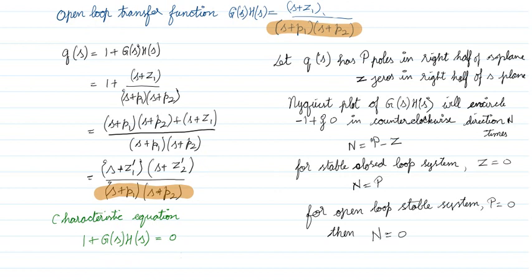So the zeros of Q(s) are the roots of the characteristic equation.